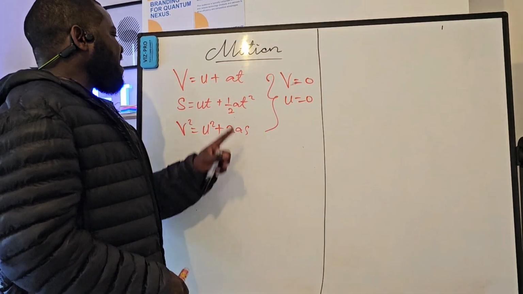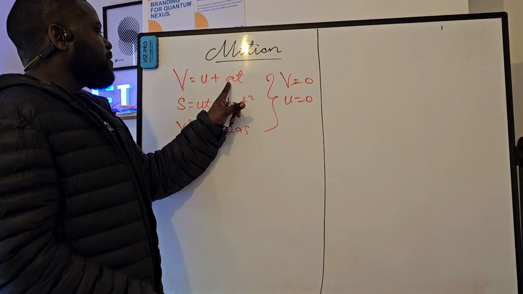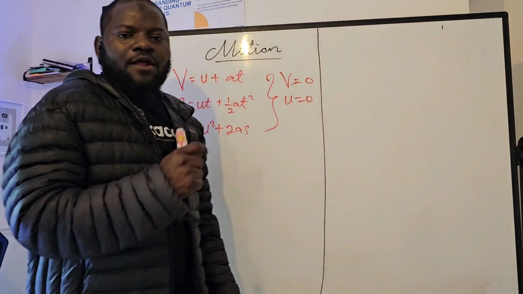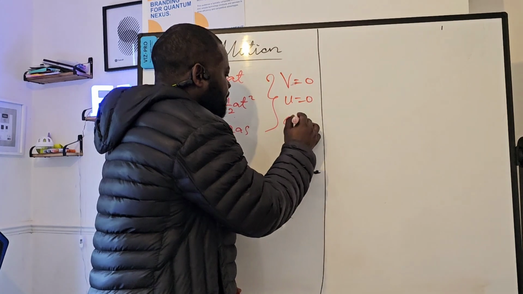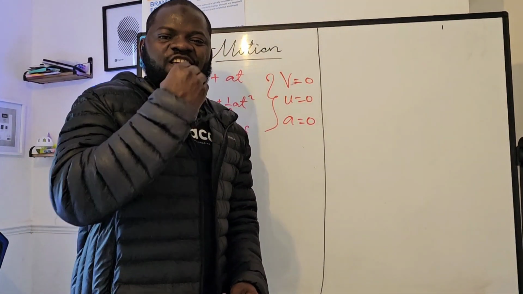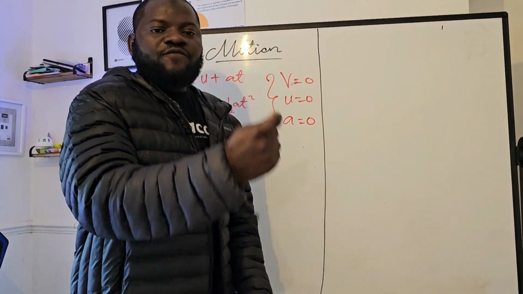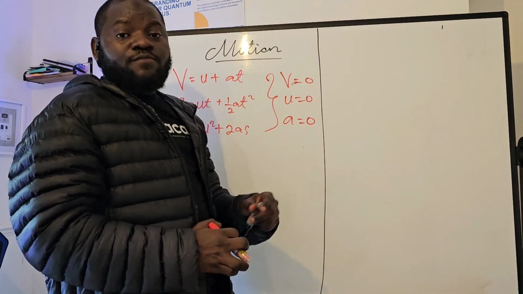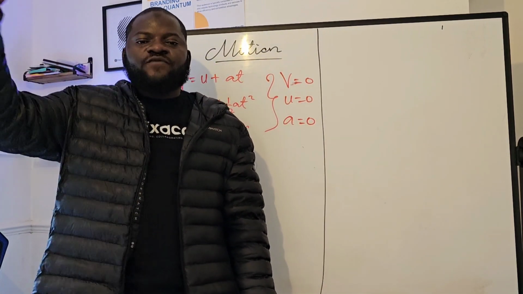Alright? So when can your acceleration become zero? Your acceleration will be zero if and only if the body is moving with a uniform velocity. When a body moves with a uniform velocity, your acceleration will be zero. Why? Because acceleration is the change in velocity.